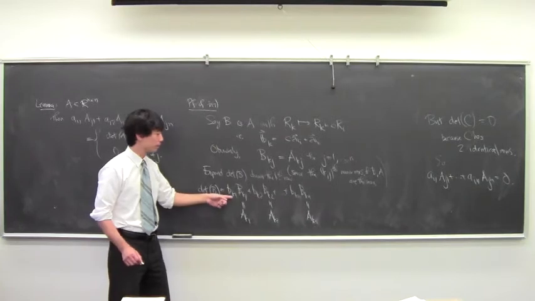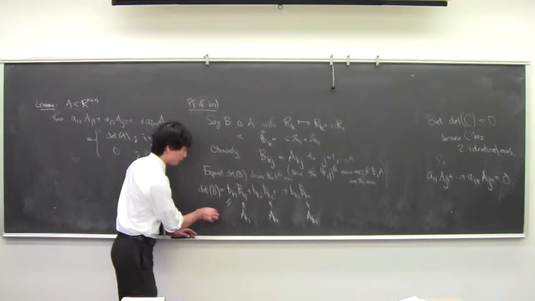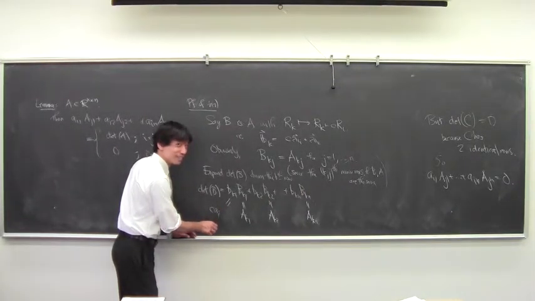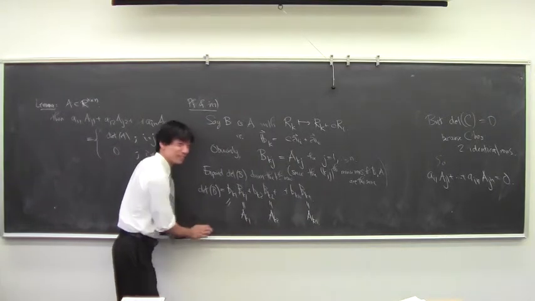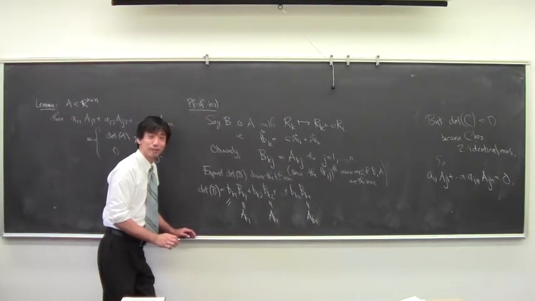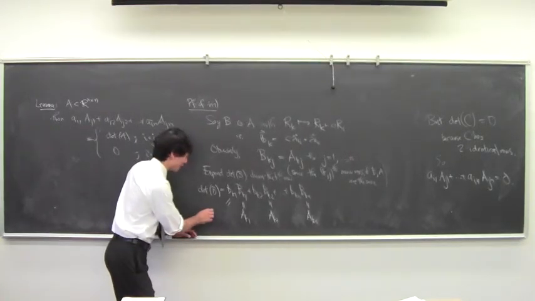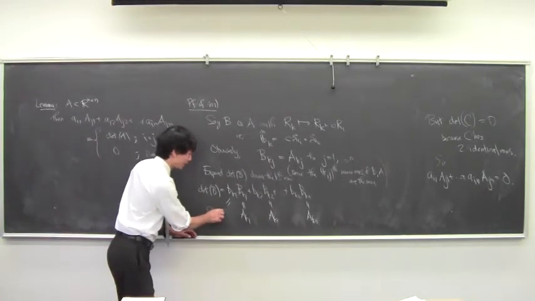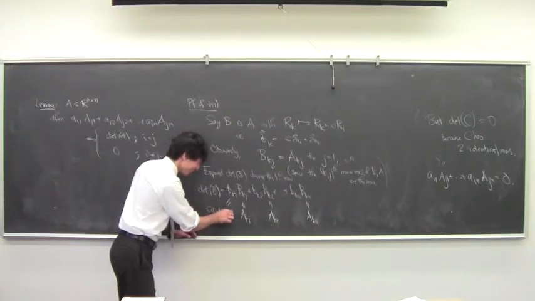So what is it? Bk1 is c times ai1 plus ak1.